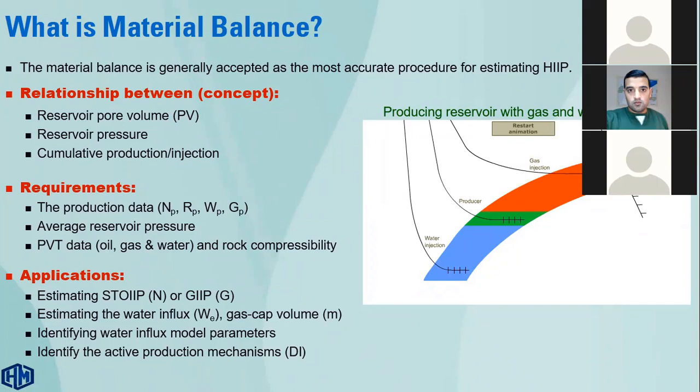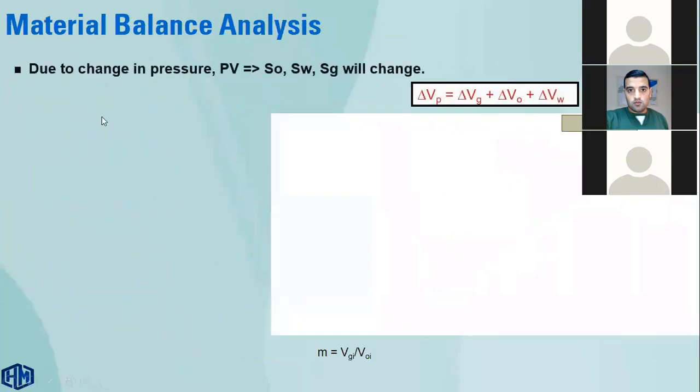Also, it's a very important tool to identify the production mechanism or driving index related to the active production driving mechanism. Simply, material balance means the total change in reservoir volume will be the change of reservoir gas volume plus oil volume plus water volume.